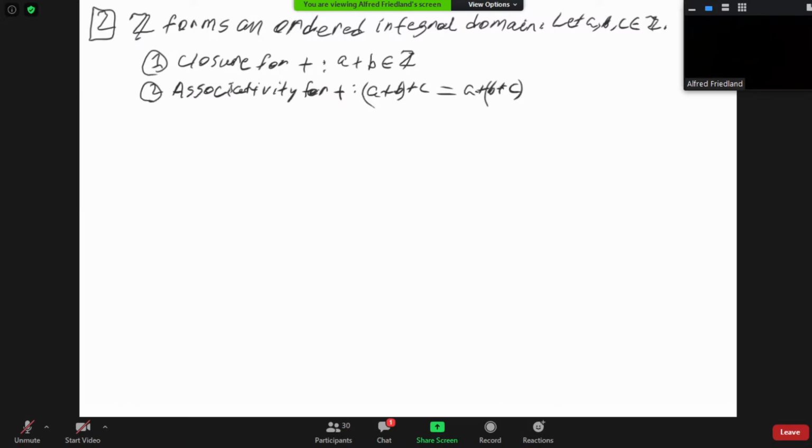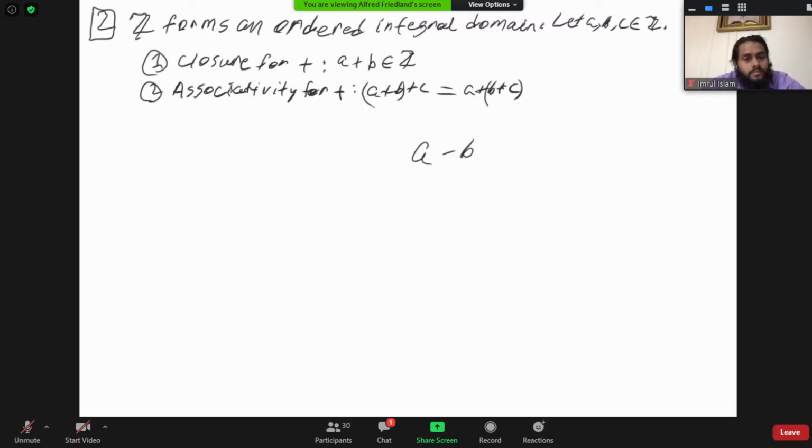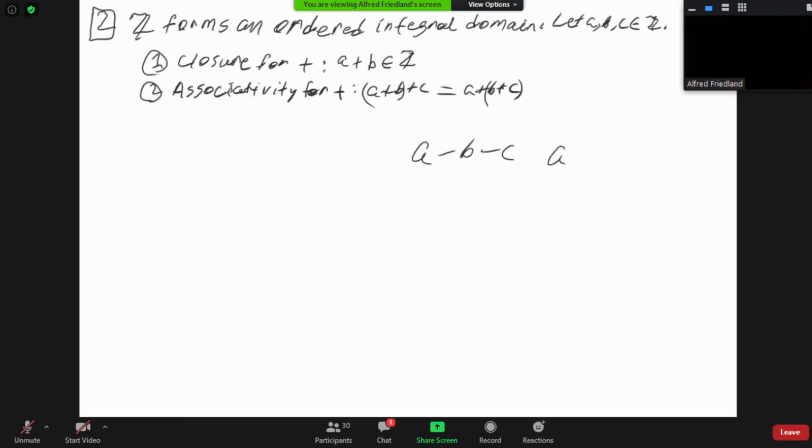So what would you look for? I'll write this, but then I'll erase it because I don't want to confuse you. For subtraction, it would look like this if you're subtracting 3 numbers. Again, you could catch the first 2, or you could catch the second 2. And why don't you, at your leisure, if you ever have leisure, make up a numerical counterexample to show that in general, remember, if something isn't always true, then it's not true.